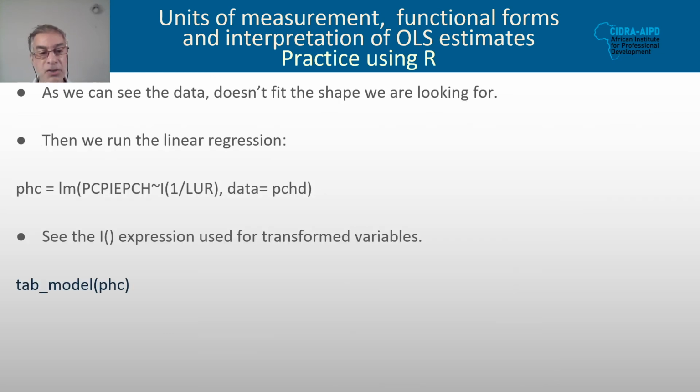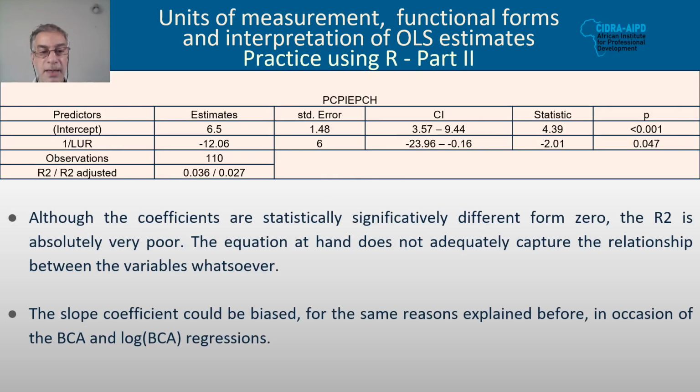Run the linear regression. See how you have to use the I expression in order to work with transformed data in a linear regression model in R. And the results are here.